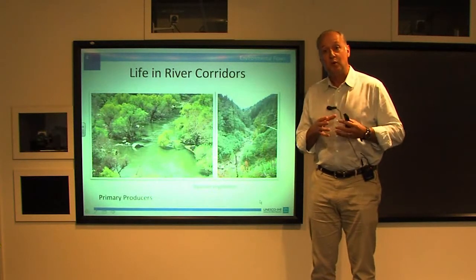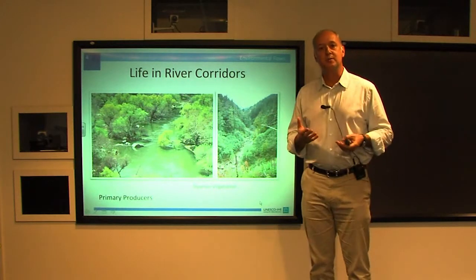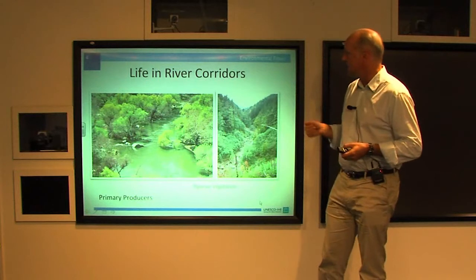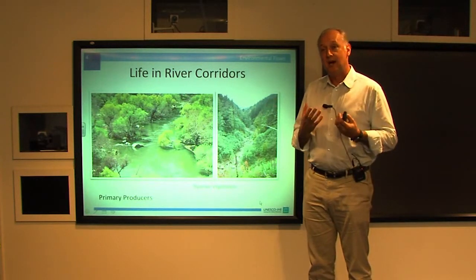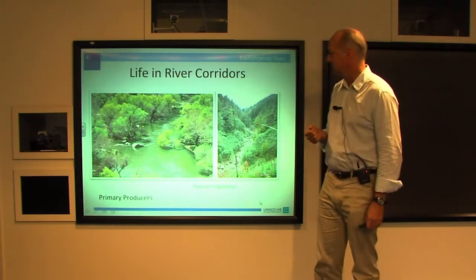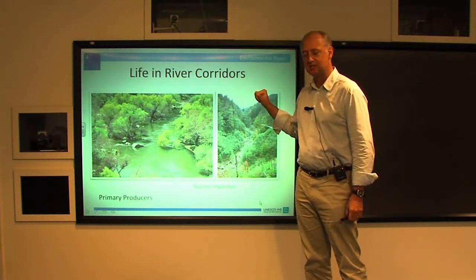When we look at corridors in riparian areas, trees, shrubs, and bushes are important components of the system. Now, these are specially adapted plants generally to be able to tolerate the high levels of moisture that we find in riparian soils. They're providing a lot of services themselves.